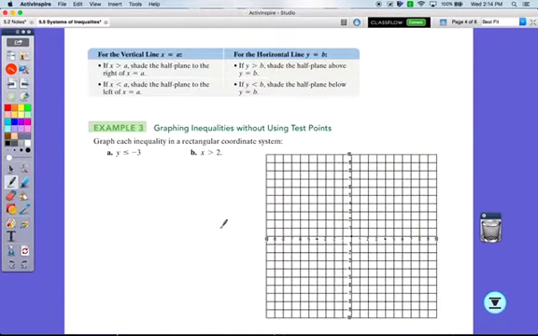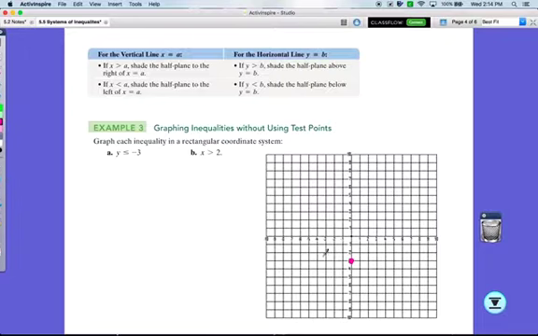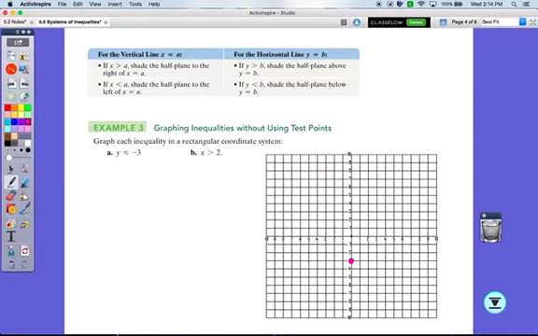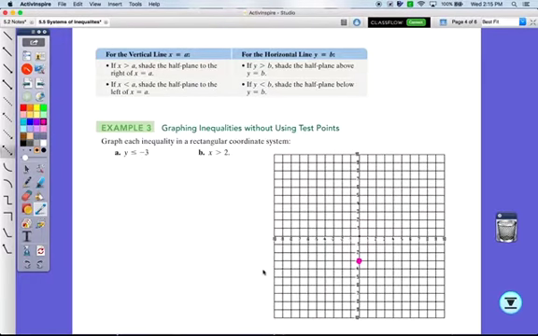Now, for a vertical line or a horizontal line, let's see how that works. So y is less than or equal to negative 3. Remember y, that's going to be a horizontal line. So you go find a y value of negative 3, and you draw that horizontal line. Since it's or equal to, that's going to be a solid line.